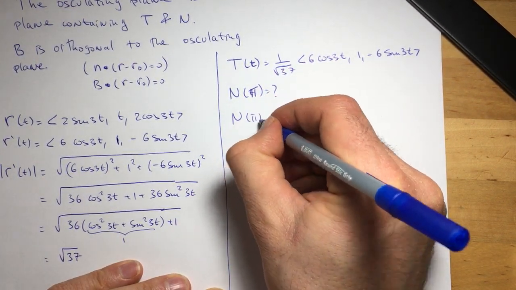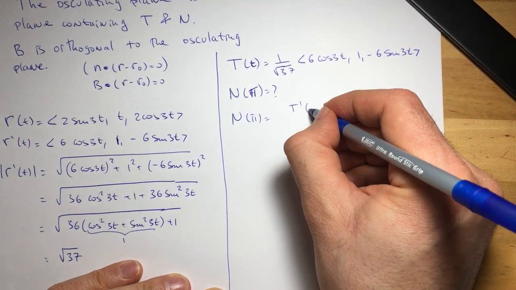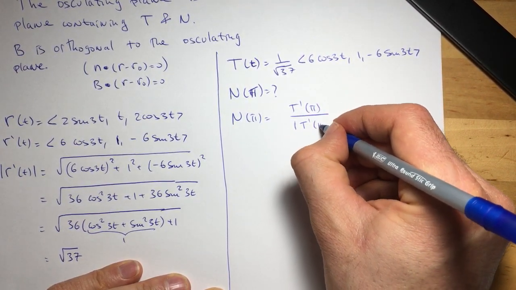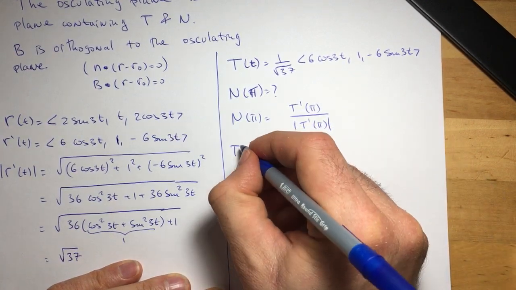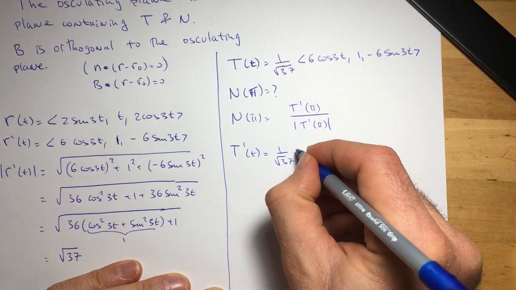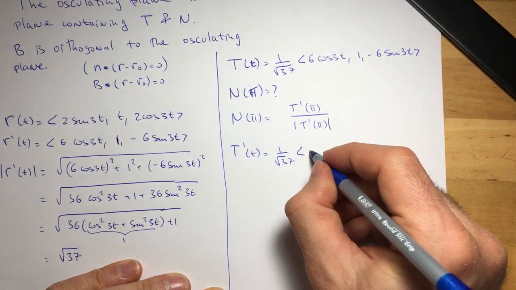Now we want to find N at pi. N at pi is the derivative of the unit tangent vector at pi over the magnitude of this derivative. So the derivative of the unit tangent vector is 1 over square root of 37 times the derivatives here.